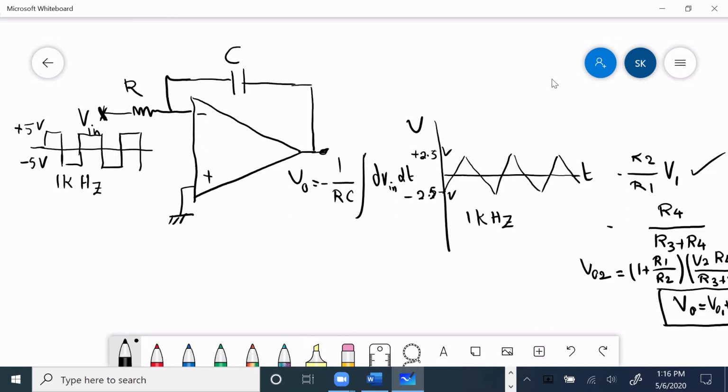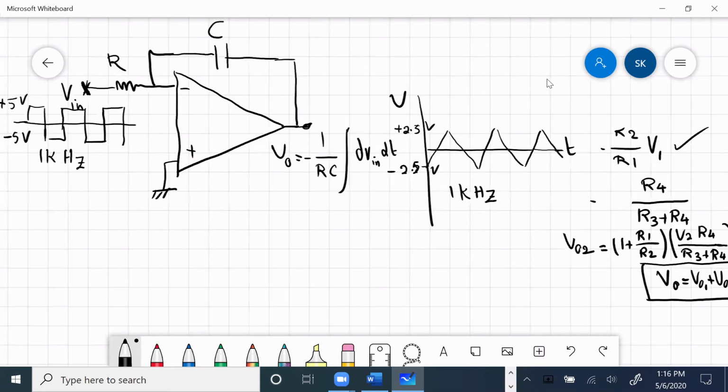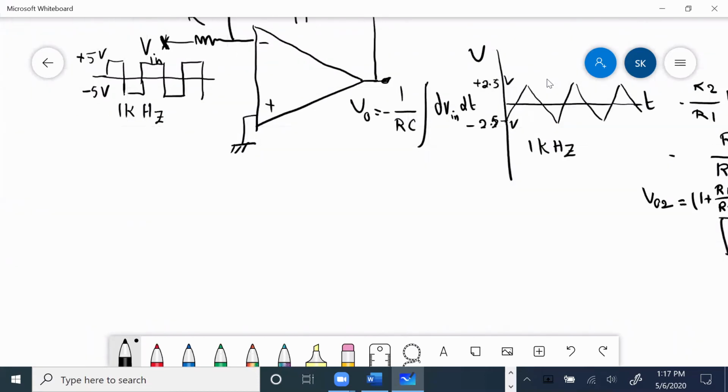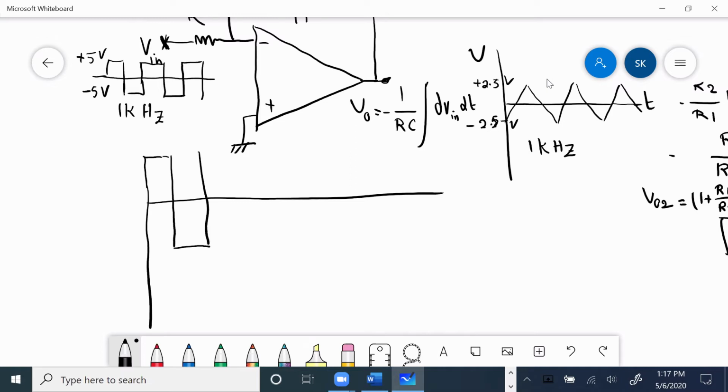Of course, this drawing that I just drew, that is not okay. Let me plot here to give you the actual. So I'm going to plot the input and output exactly how it should be and how we saw it in the lab.